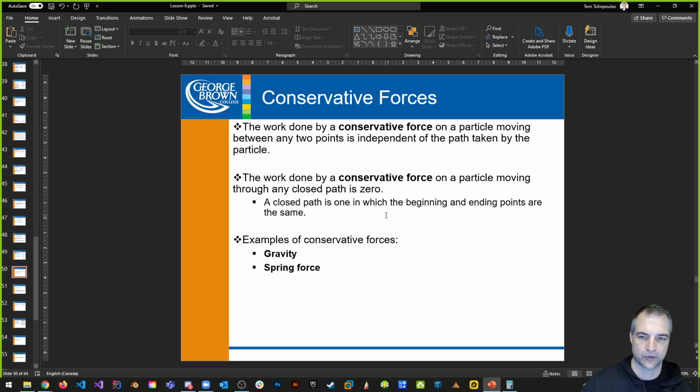Examples of conservative forces are gravity and spring forces. At the end, this conservation of energy means exactly what we just said: energy cannot be created or destroyed, only transferred.